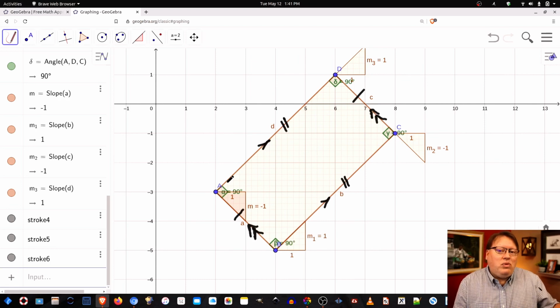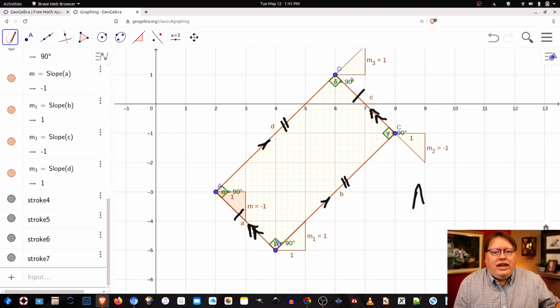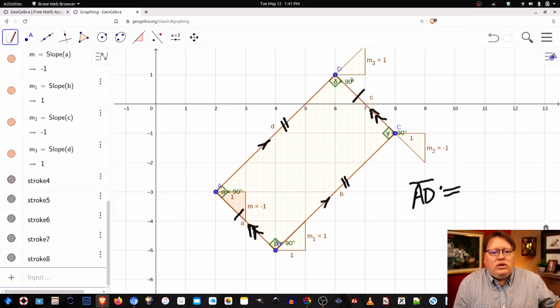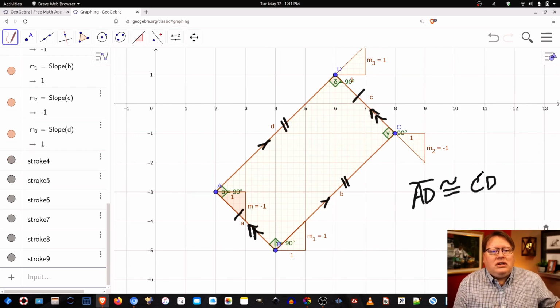Guys, the official way to write that is I could say that segment AD, and you use a bar across the top, is congruent to, that's the congruent symbol right there, segment CD.